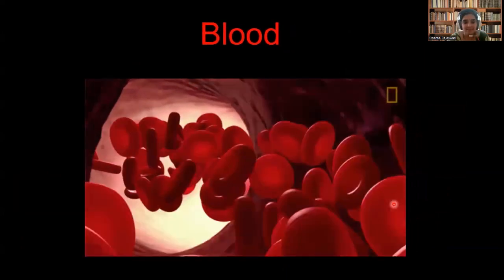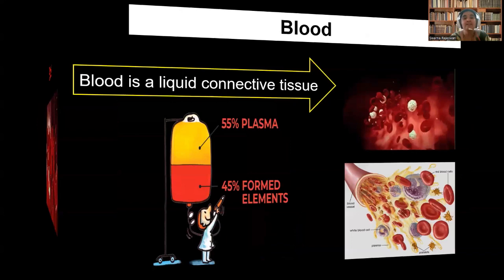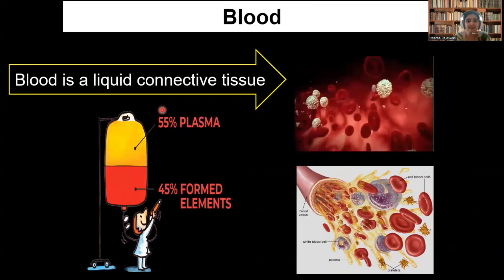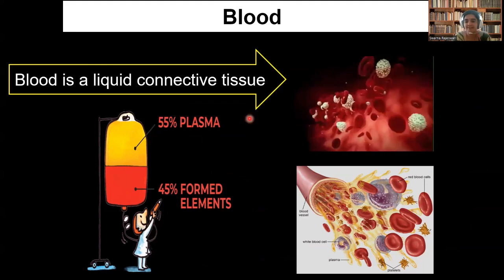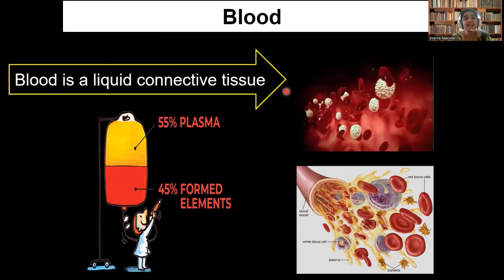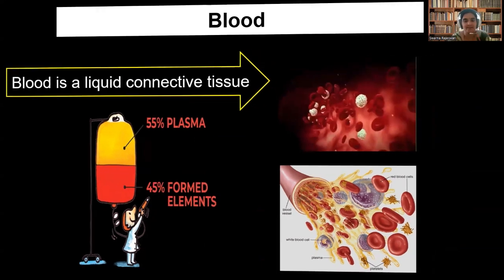So when we see the blood, we know it is a fluid connective tissue, and it contains 55% plasma and 45% formed elements. So, the blood is a fluid connective tissue. It contains 55% plasma and 45% of the formed elements.